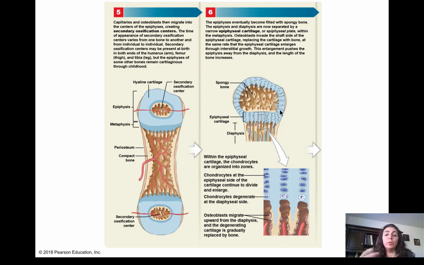So pay attention, these are remnants of this cartilage. One layer of cartilage remains here because we want to decrease the friction between these two parts when they are moving over each other. And pay attention, all these cartilages are hyaline cartilage.